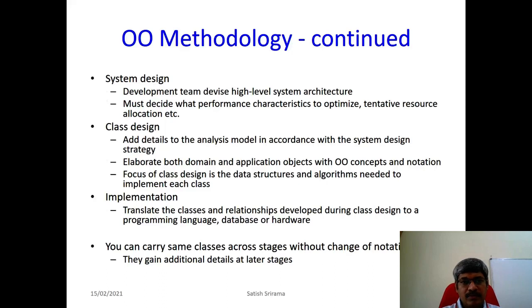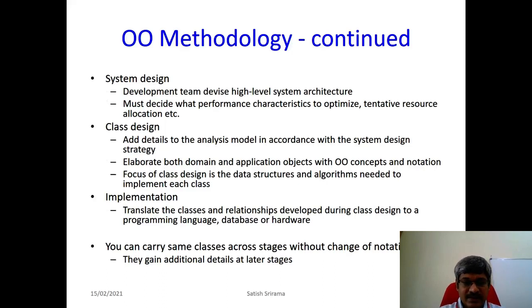The main focus of class design is the data structures and algorithms needed to implement each and every class. Once we go further, everything will be clear for you, and as part of the labs we will also try these things. That's how you will understand this methodology.